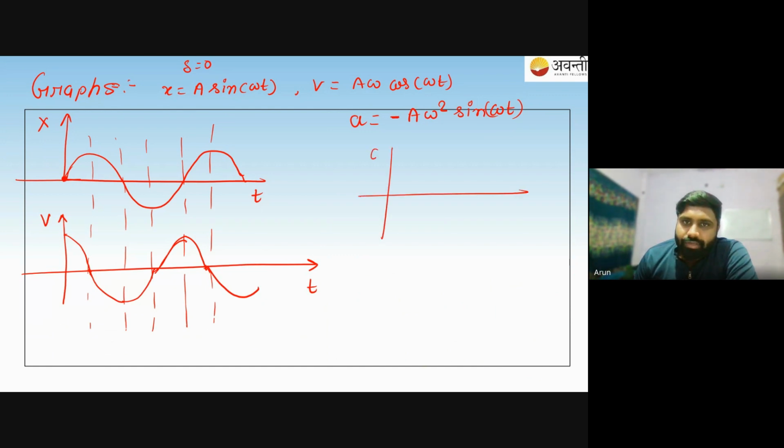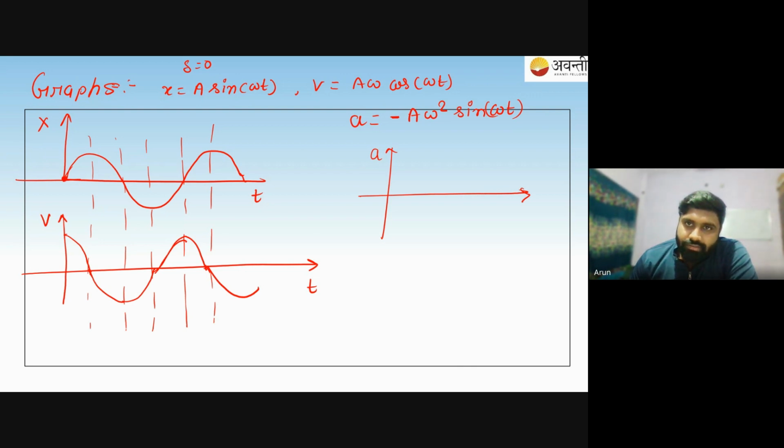So the a-t graph you can draw like this. Same values, the graph will be same but inverted. So when this has maximum value, it will be negative. Or you can say the graph will start from a negative value. When x is equal to 0, acceleration is maximum in the negative direction. Okay, got it?